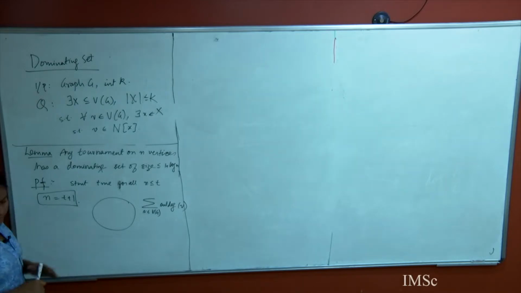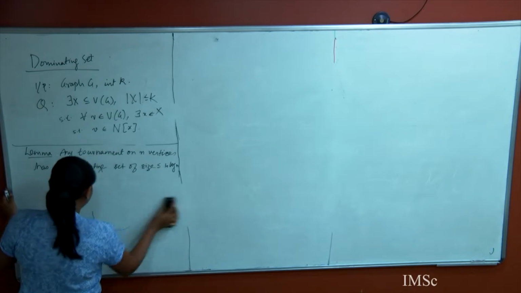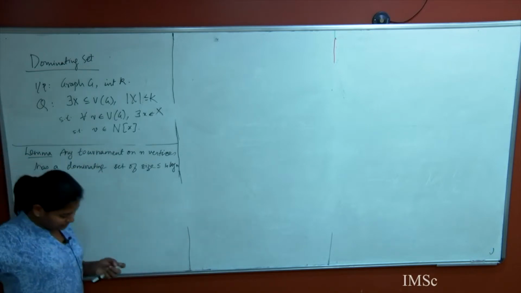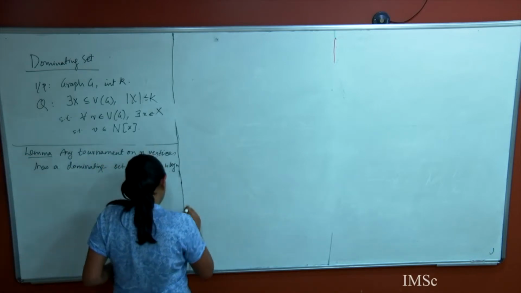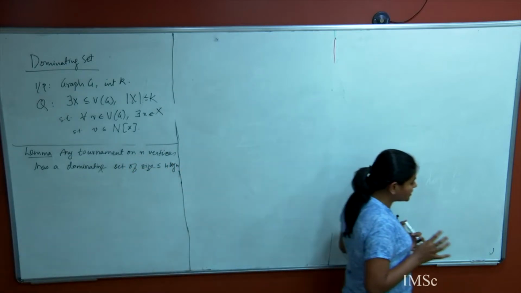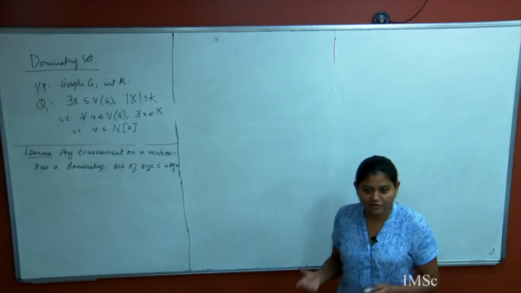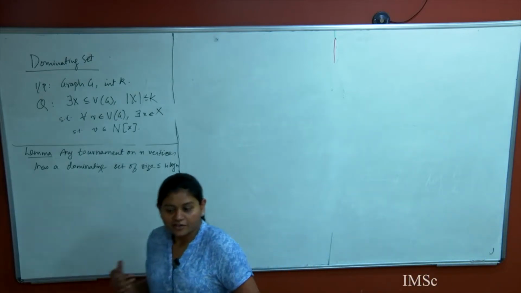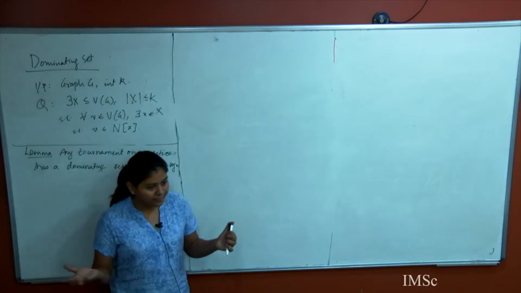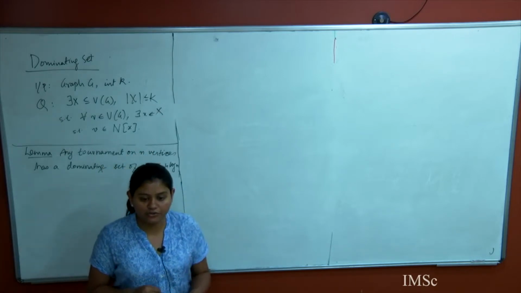Okay. So what does this mean? The goal will be to say something meaningful in tournaments as well. Of course, we have introduced all these tournaments and dominating sets because we want to say something meaningful about this problem.